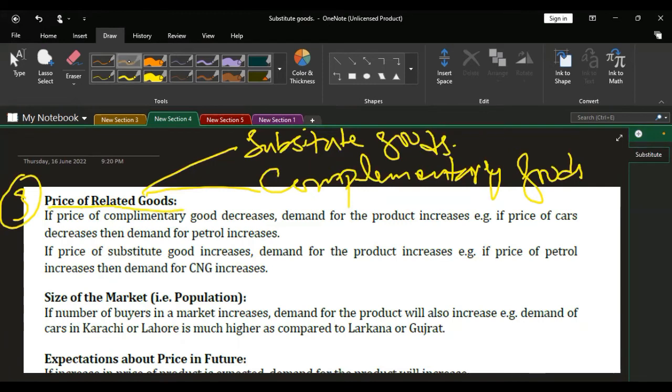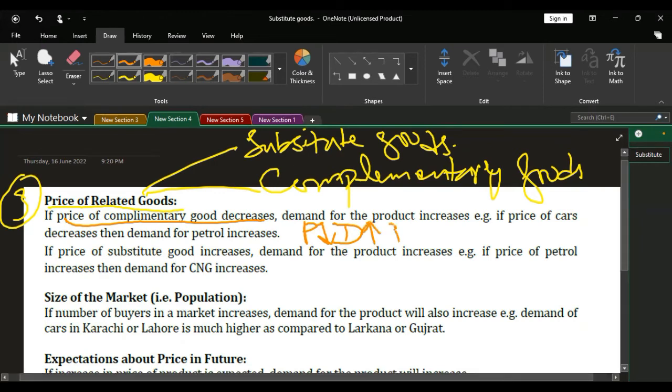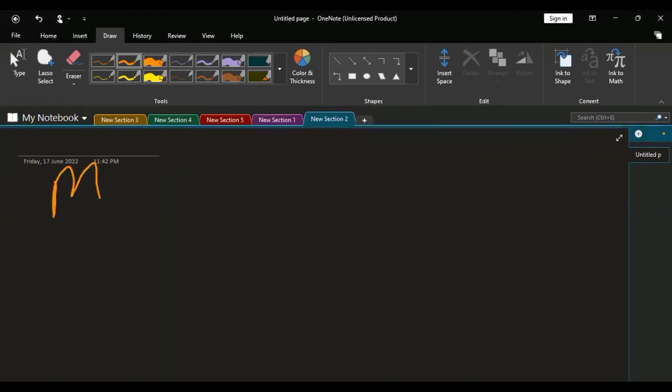Let's study. If price of a complementary good decreases, if price for mobile decreases, demand for mobile increases, and the demand for the charger also increases. Demand for the product also increases. For example, if price of a car decreases, then demand for petrol increases. Let's study here with the simple example of mobile and charger.